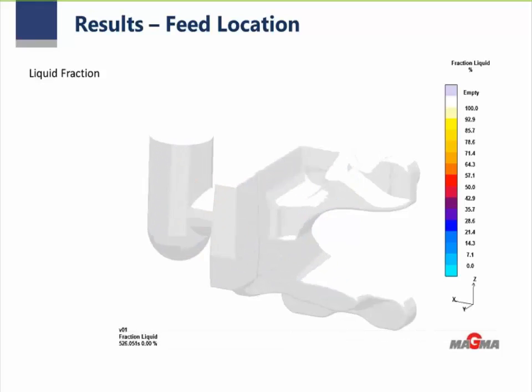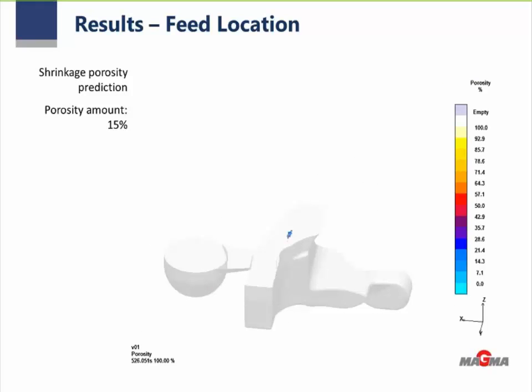For example, also from the MAGMA simulation, we see some shrinkage porosity prediction, something about 15% inside this part. But it's not really on the surface, which is critical for fatigue.